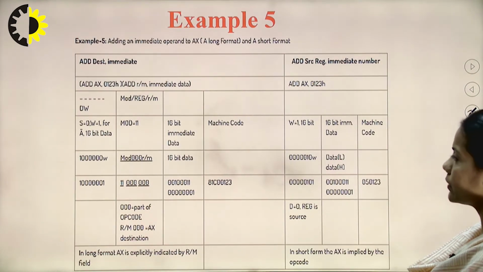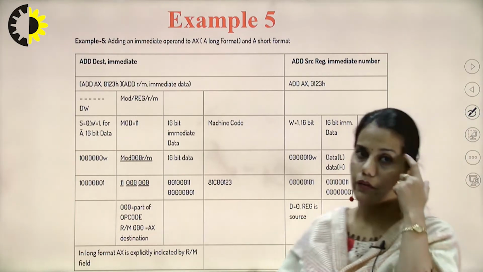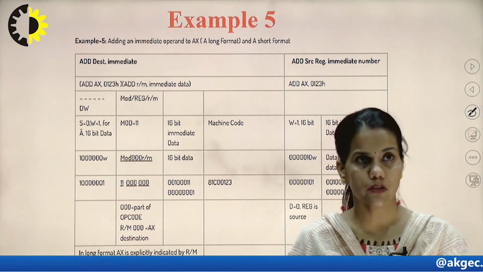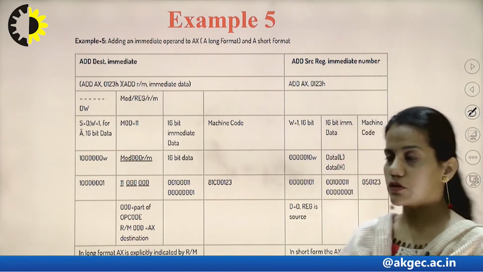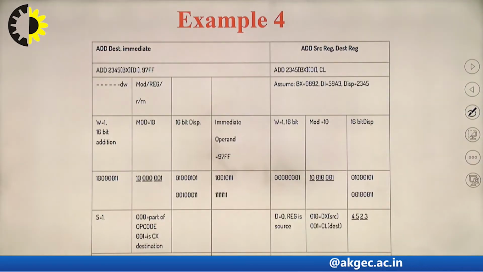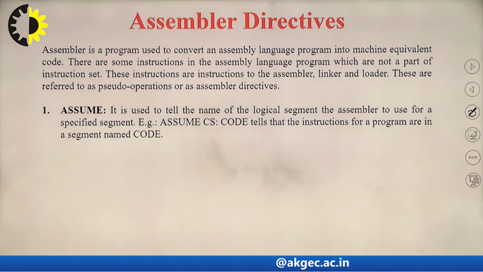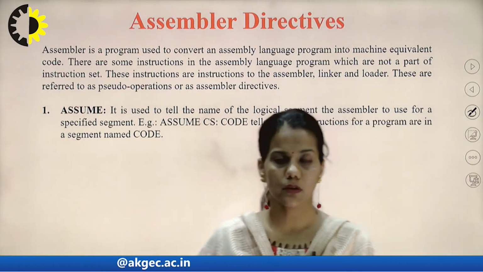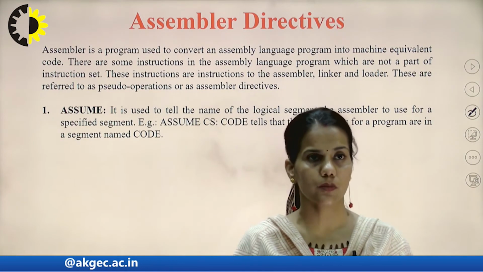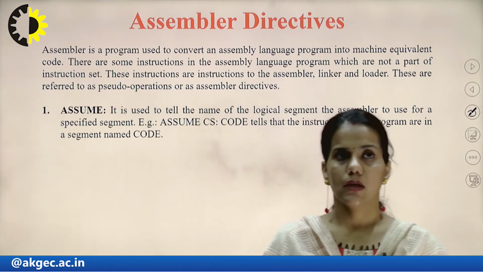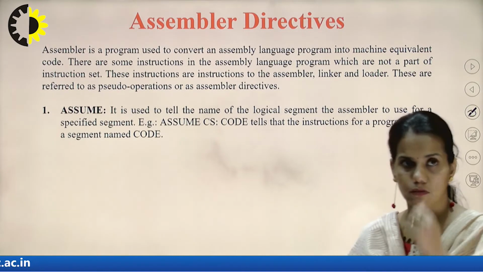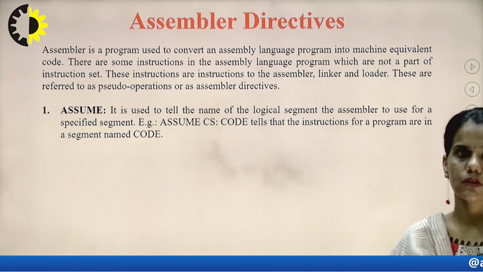So, in this way we can find out the instruction format for any of the instructions given in the question. For instruction formats we just have to remember the tables, the codes corresponding to the different registers, and then we can find out the instruction format for any given instruction.